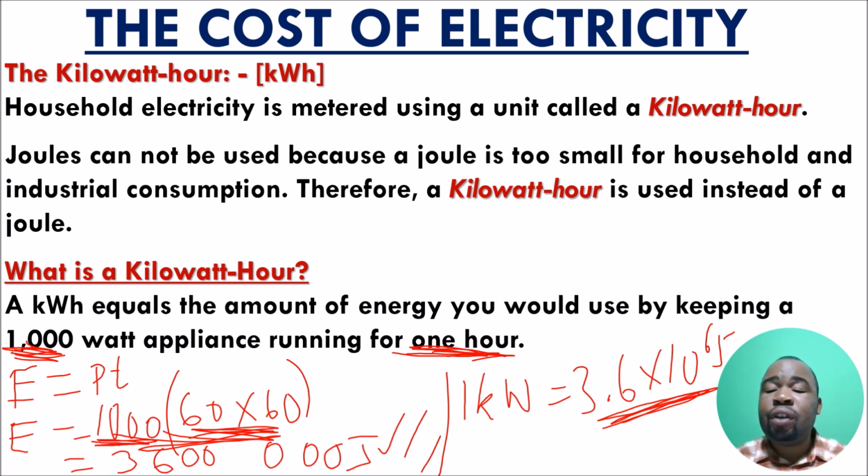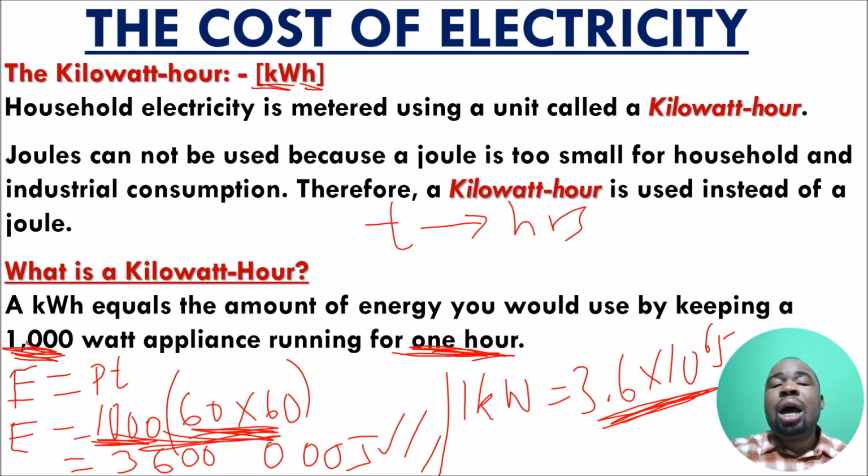Any power given in watts, convert it to kilowatts. Any time given in seconds, days, years, convert it to hours, because our unit of energy is a kilowatt hour. Time in hours, and power in kilowatts. That's what we'll be doing.